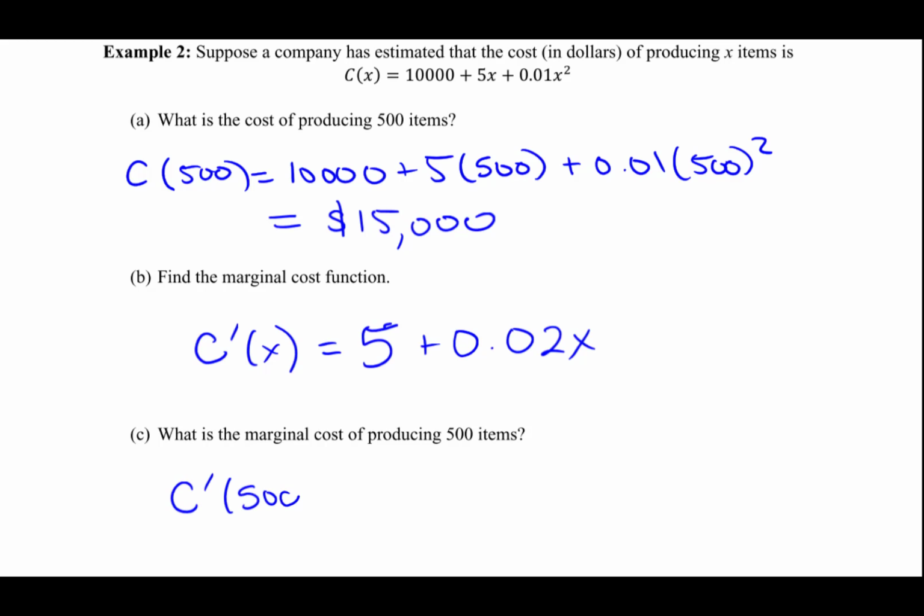So substitute 500, and we should get 15. Don't forget units. It's a rate of change. So cost was measured in dollars, and our variable x was measuring the number of items. So it's $15 per item.